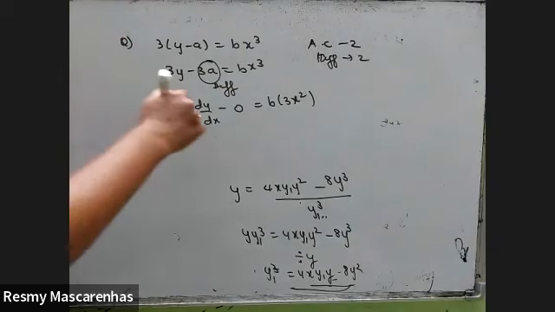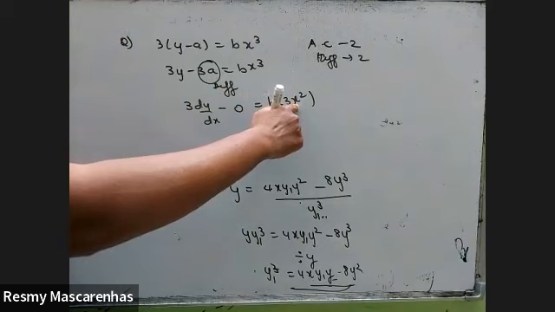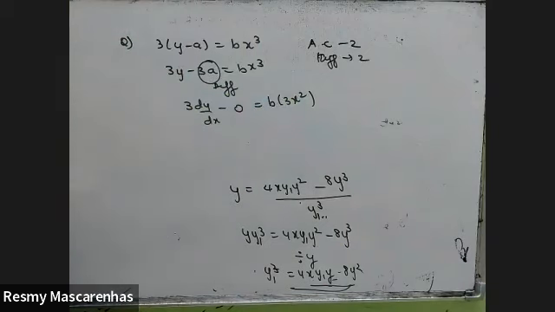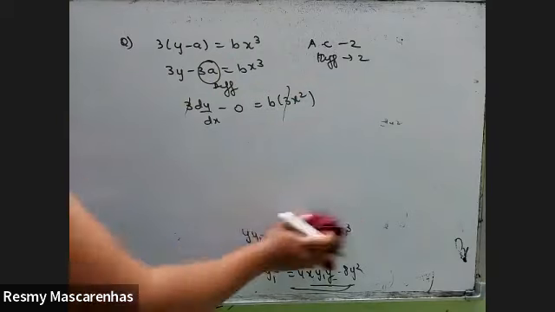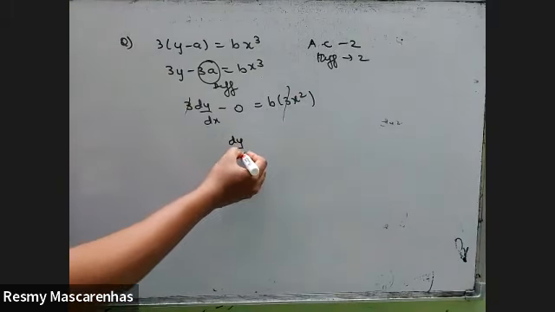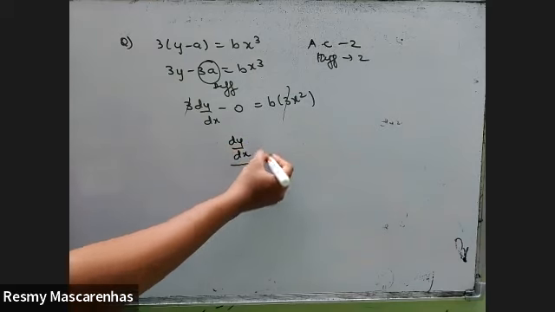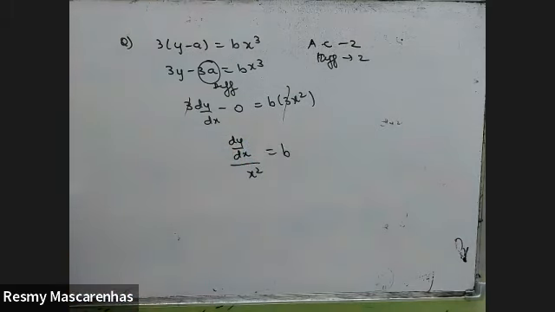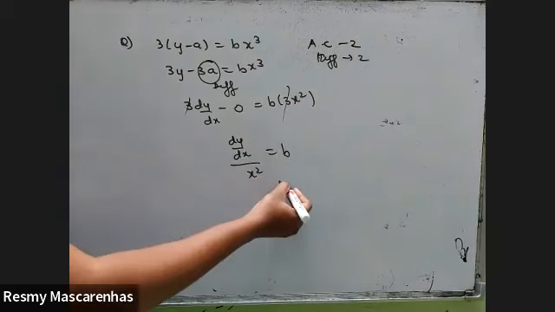So next step, I'll try to eliminate this b. 3 and 3 also will cancel. dy by dx upon x square is equal to b. The second time when I differentiate, automatically b will get eliminated.